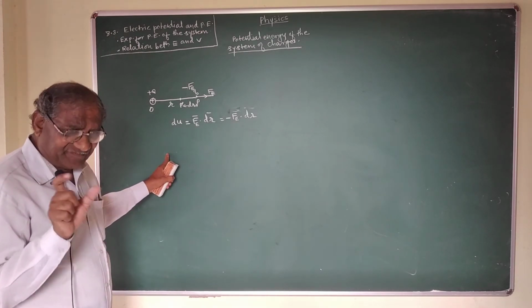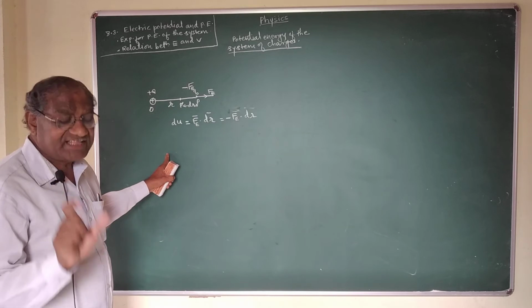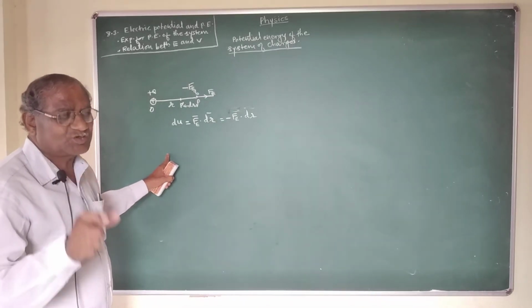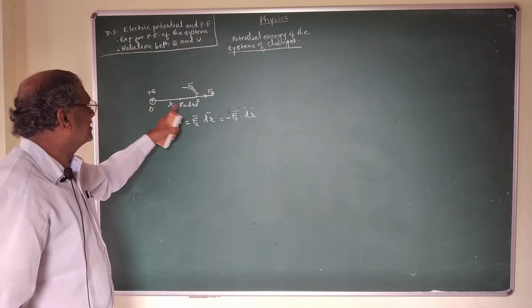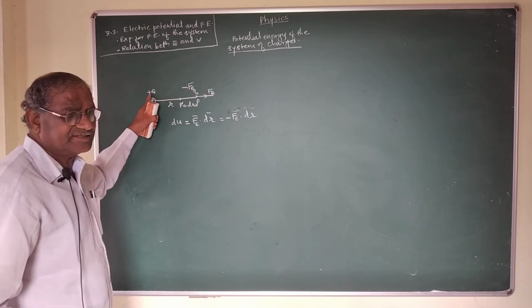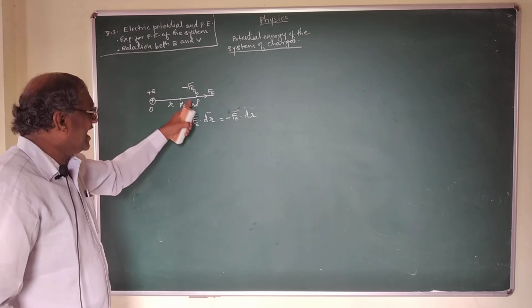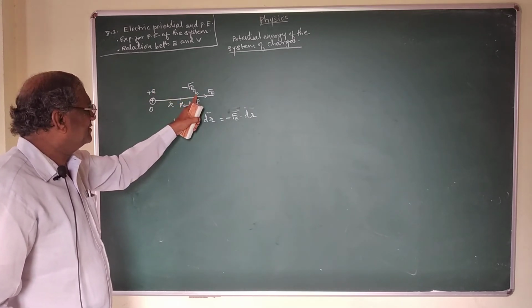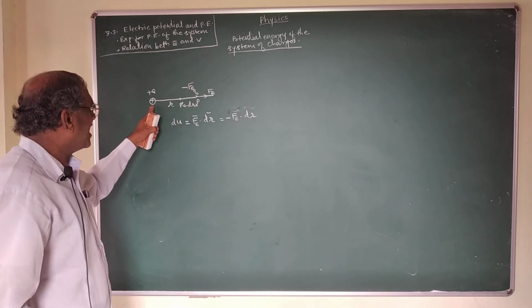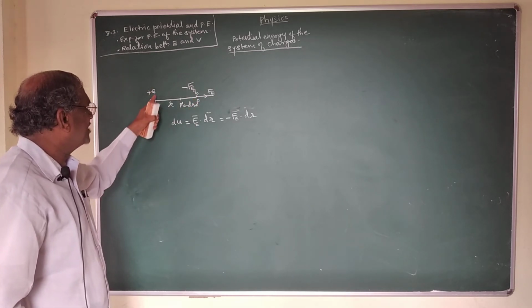In that electric field, there is storage of electrostatic potential energy due to this q charge. Now in that electric field, we consider the point P at distance r from the center of the charge q.